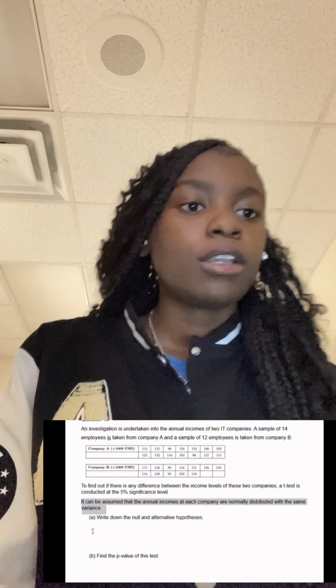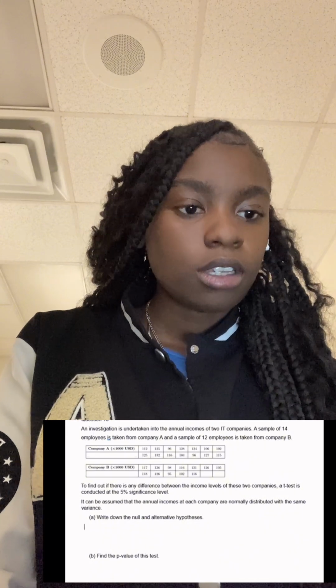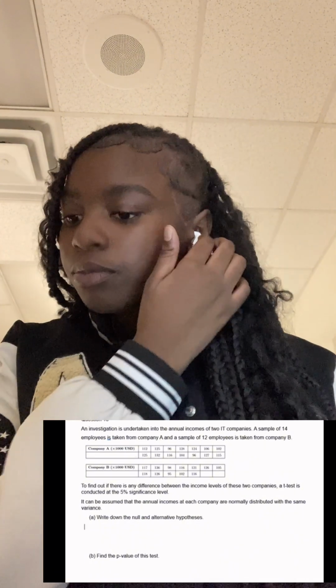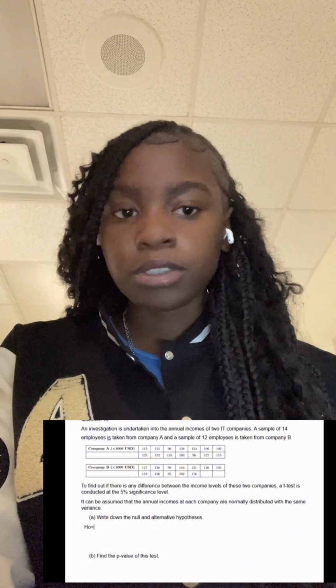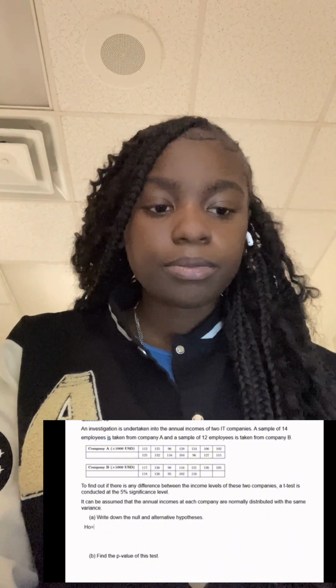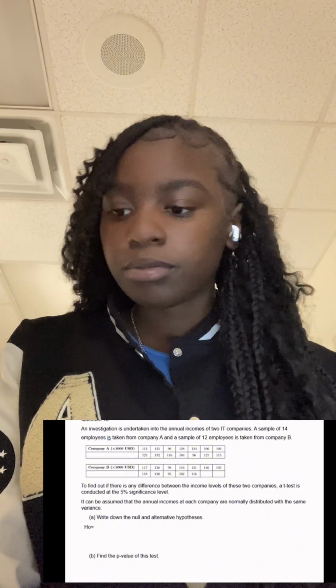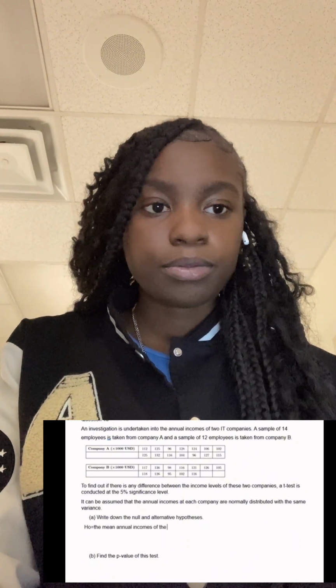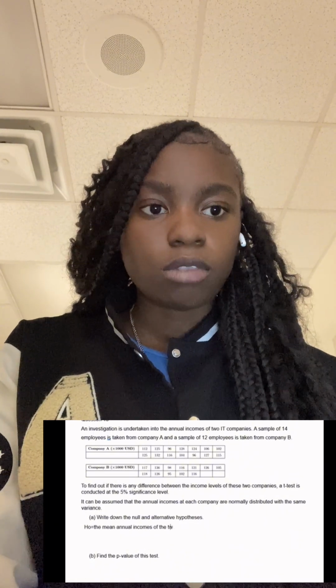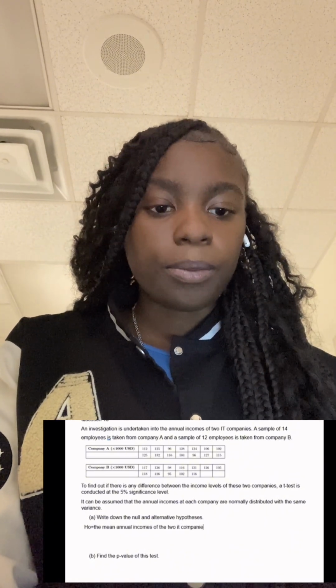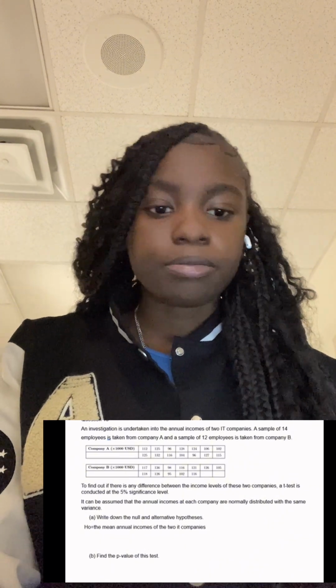Okay, so let's write down the null and the alternative. So the null hypothesis, since we're comparing these two variables, is the mean annual incomes of two IT companies are equal.